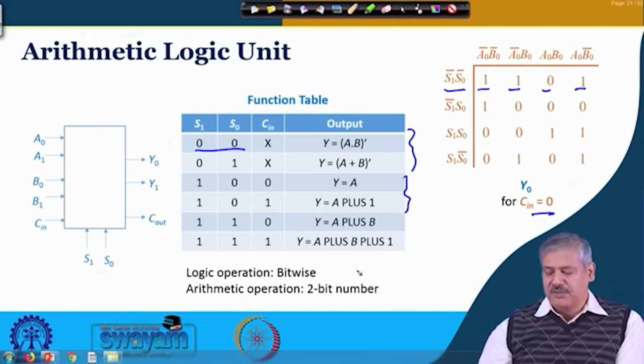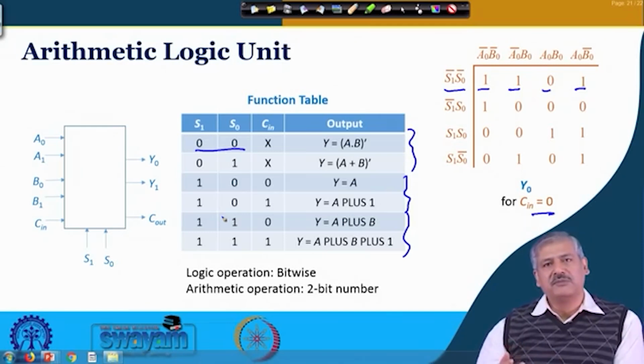Essentially this is one arithmetic operation, just the carry part is included in one case and carry is not included in the other case. Basically it is not too different. With two inputs you can have 4 possibilities, 2 are assigned to arithmetic and 2 are assigned to logic.